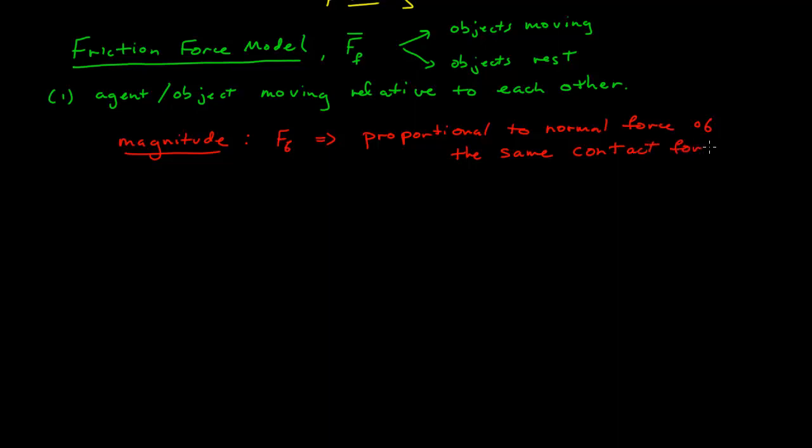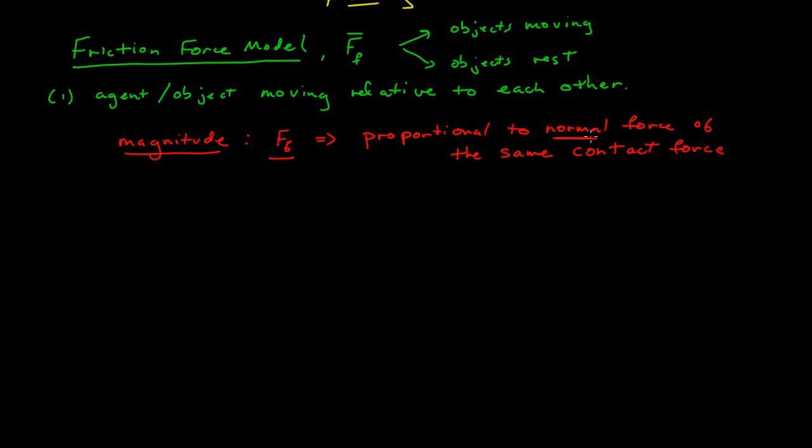That's important because you may have more than one contact force on a particular object, but each contact force has a frictional force and a normal force. And so the frictional force for each contact force is proportional to the normal force for each contact force.